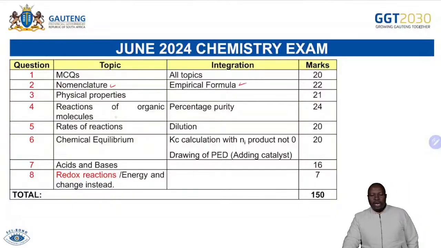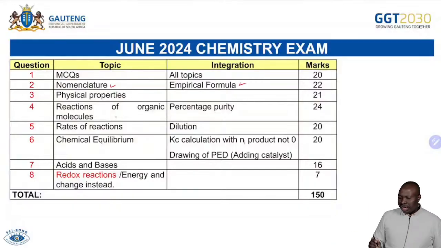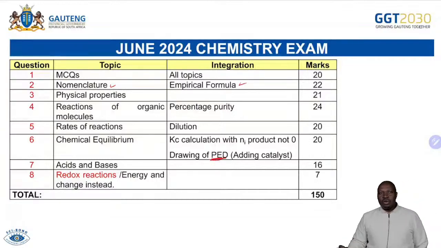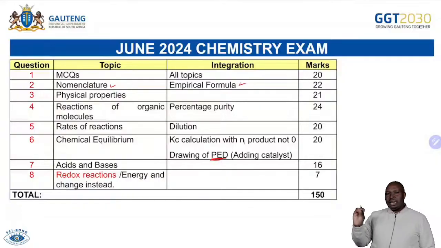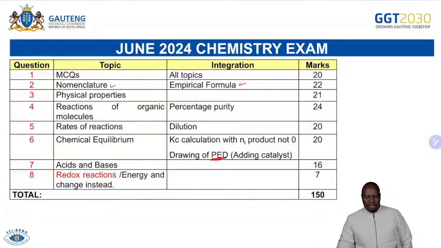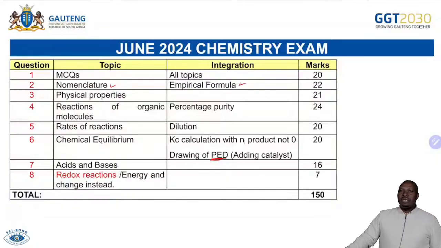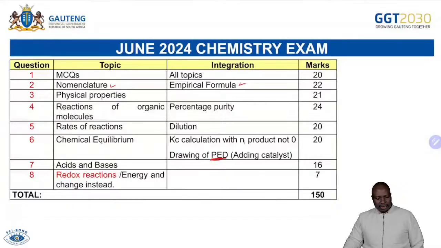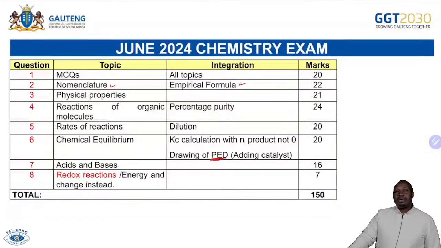And then there was as well drawing of potential energy diagrams for your endothermic, your exothermic, and when the catalyst is added. So it's important that you go and revise the potential energy diagrams with or without a catalyst. And we are saying acids and bases. We are doing the entire acids and bases here.